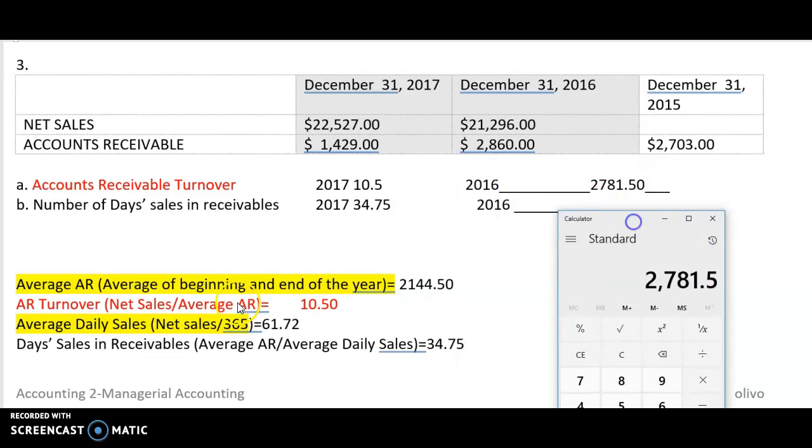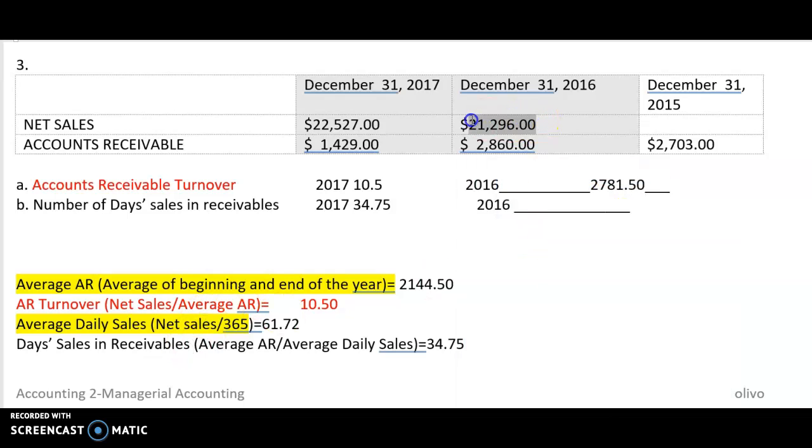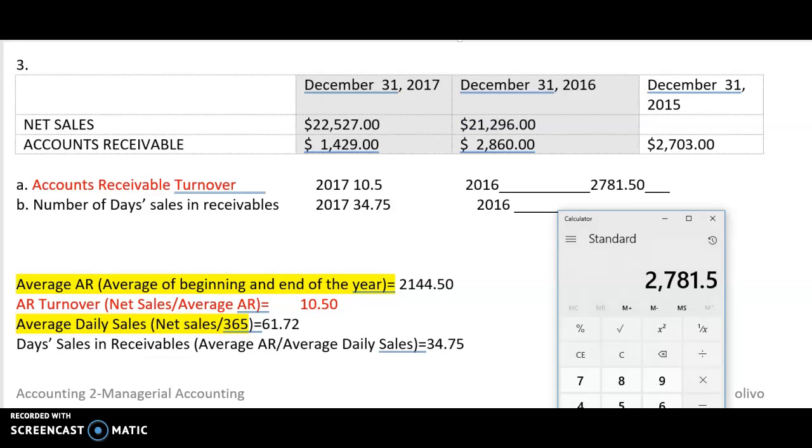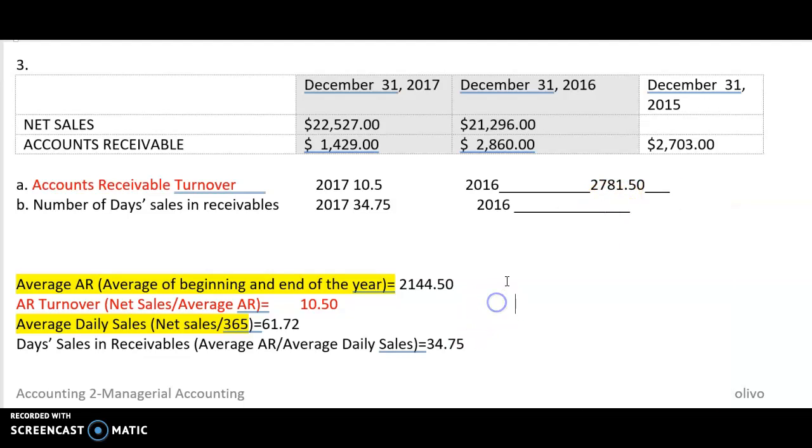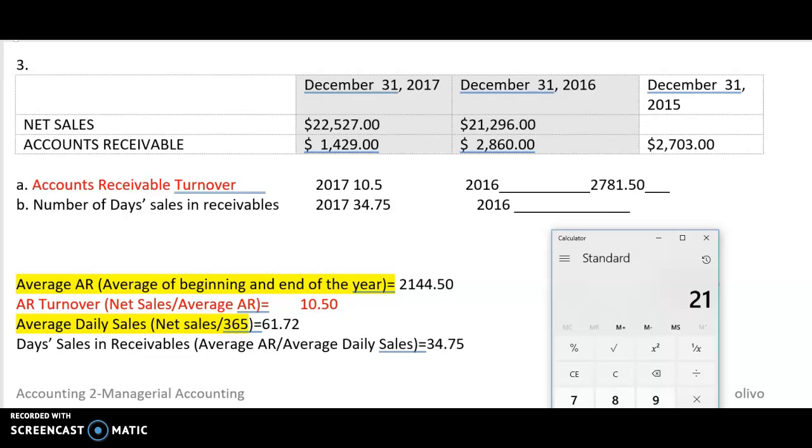Then I'm going to again do my next thing, my net sales. Now we're using the 2016 number across the board, 21,296 divided by our average AR, 2781.50, and I get 7.66. I'm just going to put these over here because we didn't need it, but I'm doing it. Now my average daily sales, 21,296 divided by 365 is $58.35.